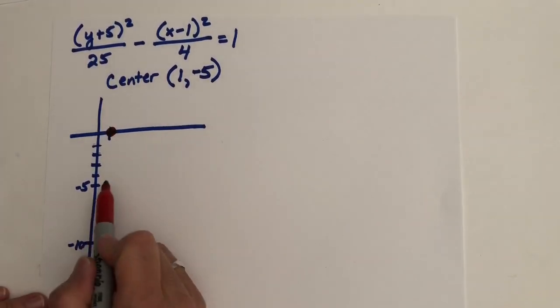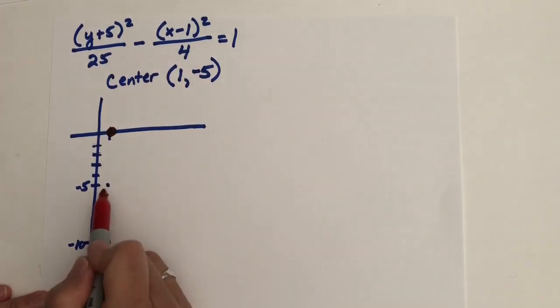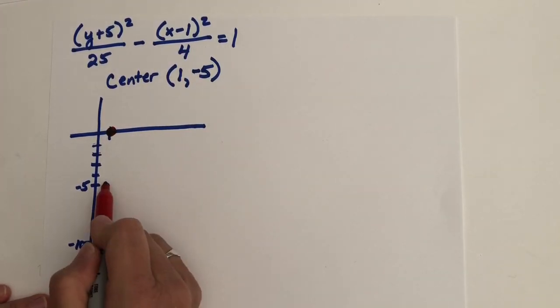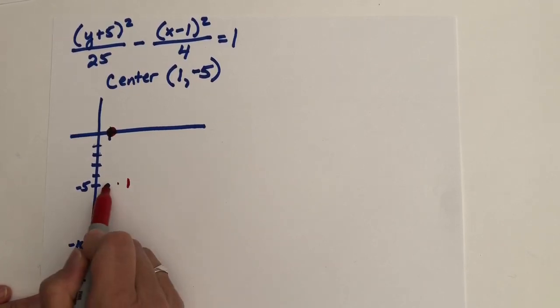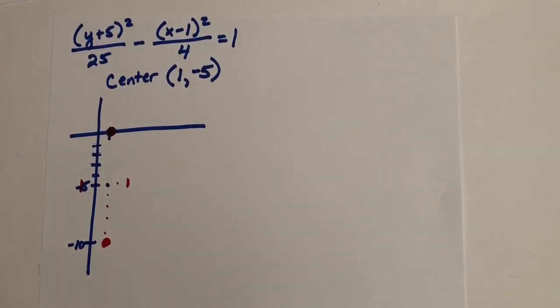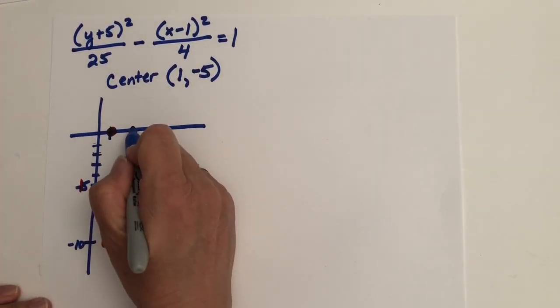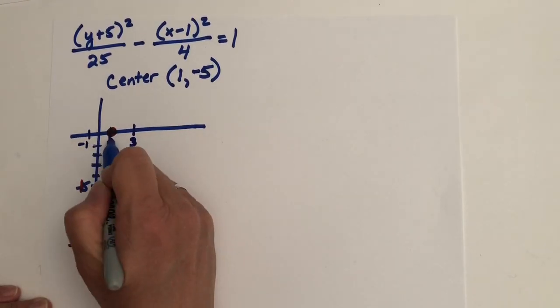So starting from center, I go in the x direction, the square root of this number. So from here, I'm going to go over 2 units. 1, 2. And from here, 1, 2. So if I label those so we can see where those are, this is over here at 3. This is at negative 1. This, by the way, was just at 1.